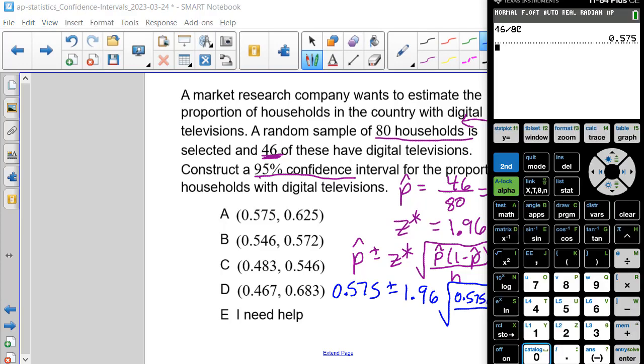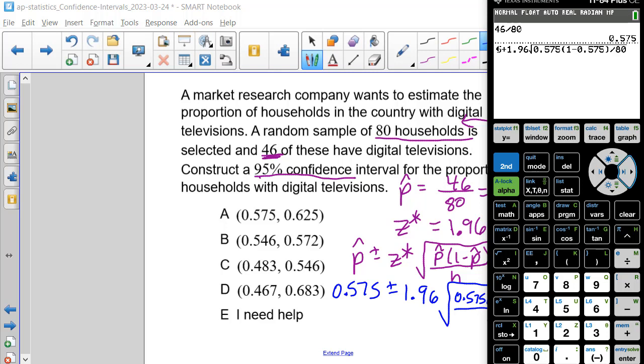So we have 0.575. We're going to add first 1.96 times the square root of 1 minus, all divided by our n value, which is 80.